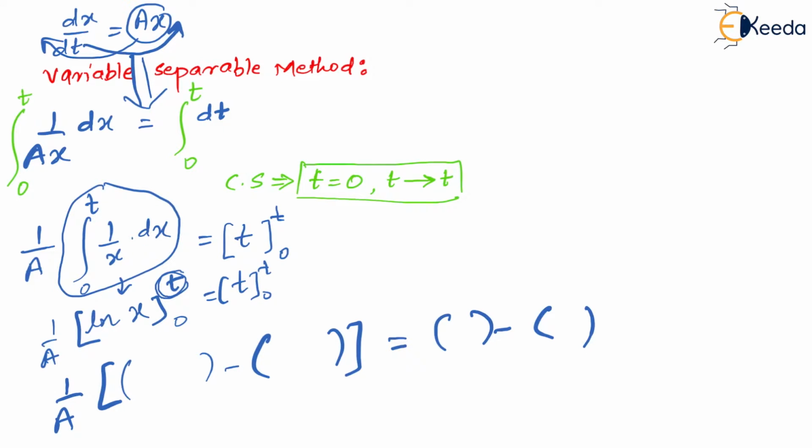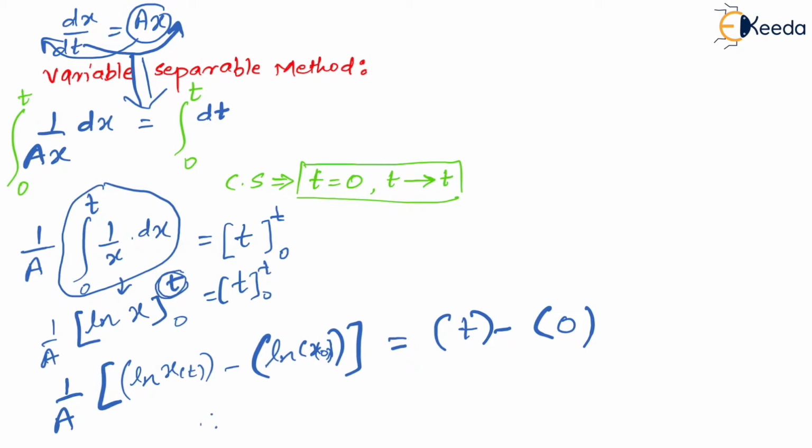The moment you replace it, it becomes ln of x of t. Am I right? Yes. Minus, what does it become? Ln of x naught, or we can say ln of x of 0, which is equal to t minus 0. Is that all right? Yes.